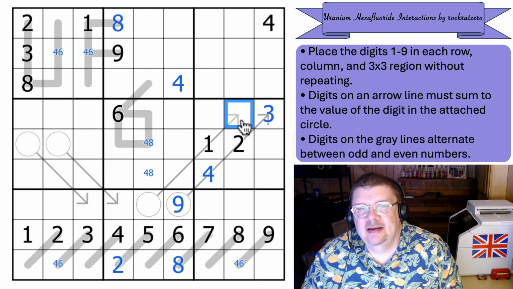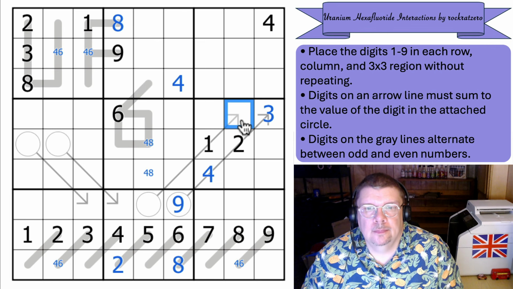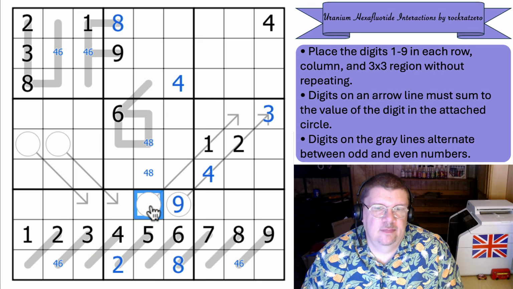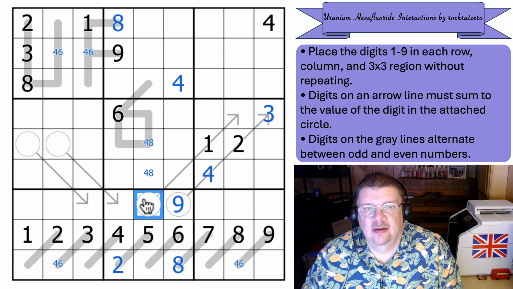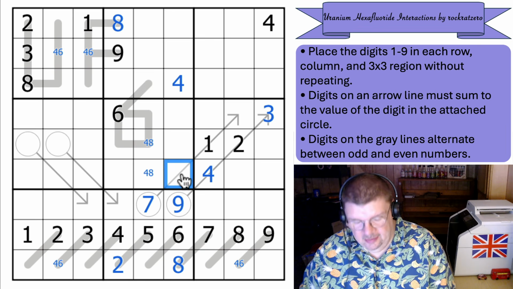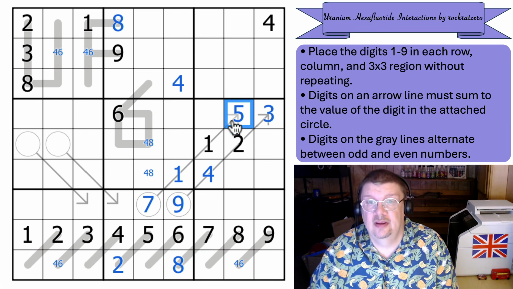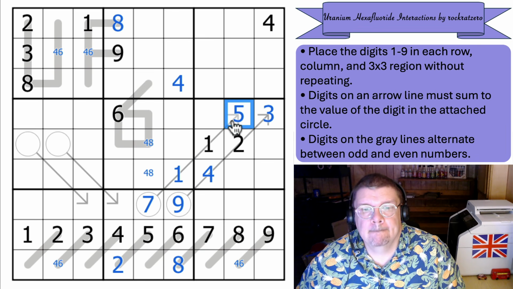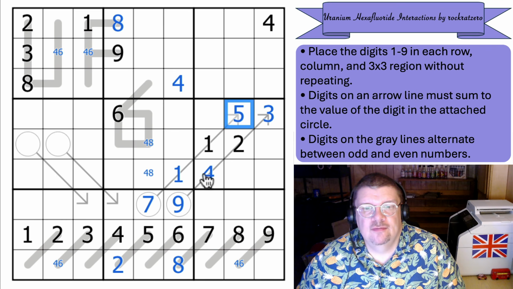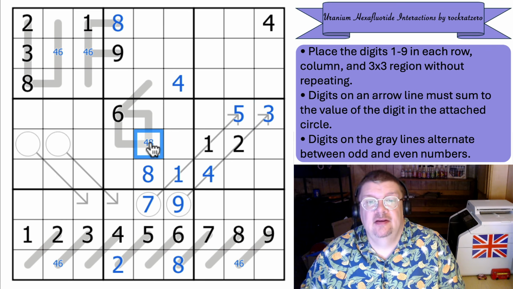This is now at least 5. Plus 1 there makes 7. And this can't be any higher than 7 because of the 8 and 9 in the box. So that is a 7, that is a 1, that is a 5. This 4 is looking across here, that's an 8.